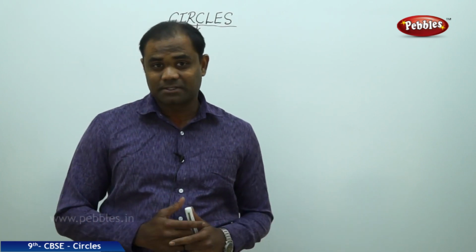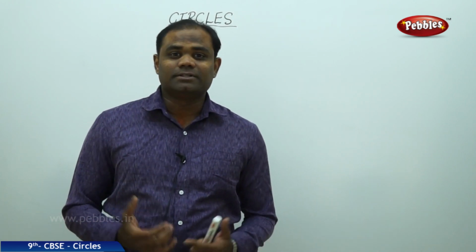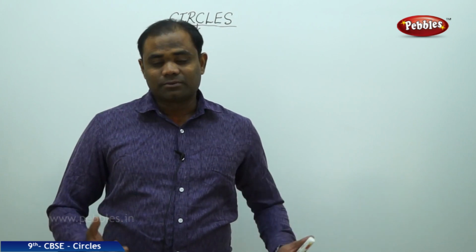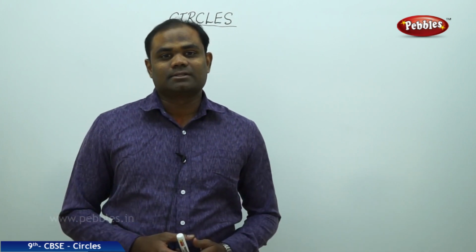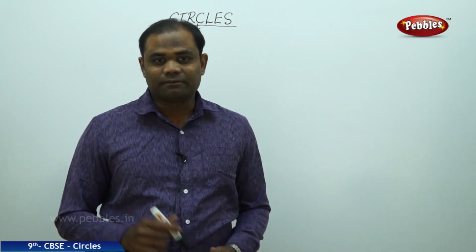Now that we have seen the circle and its shape and the construction methods of constructing a perfect circle, now comes in understanding the mathematical definition of a circle. Mathematically, we need to understand what a circle is. So this session is about investigating the mathematical definition of a circle.